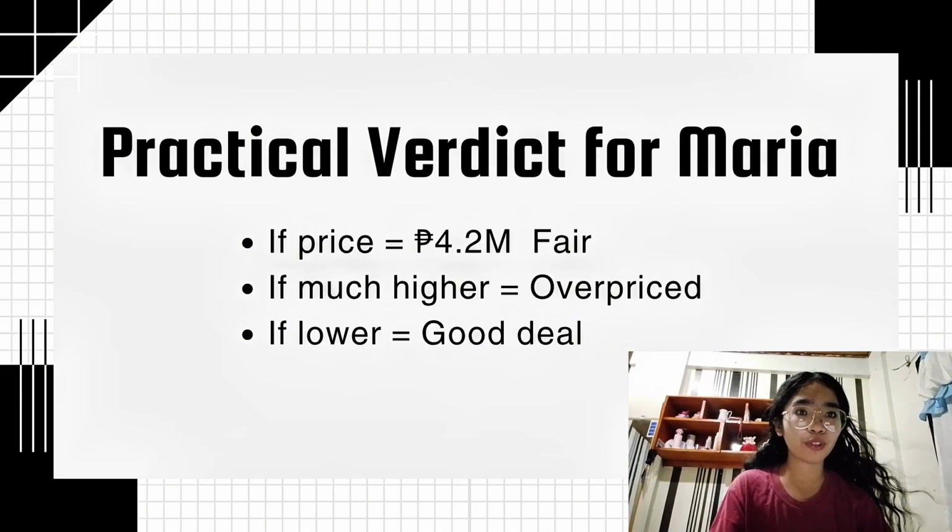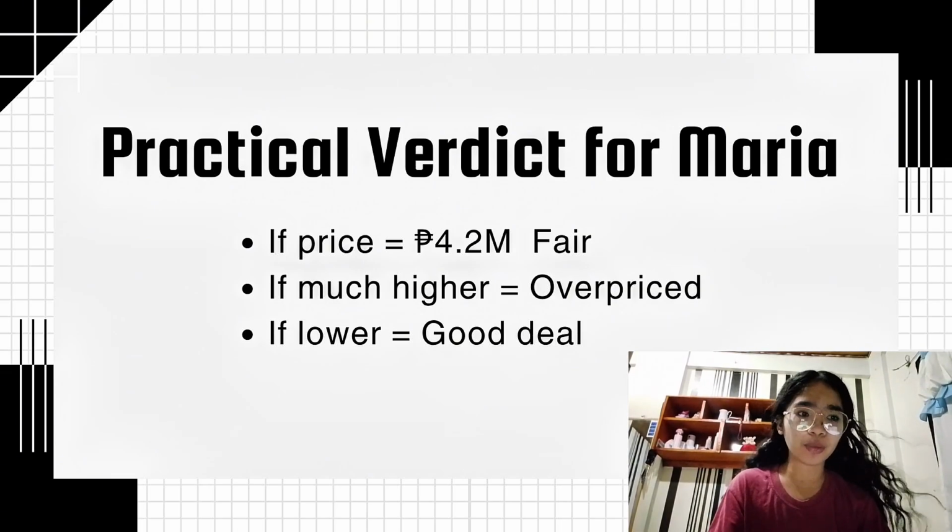For below 4.2 million, or if it's lower, this actually happens if the seller is in a hurry to move or doesn't realize the full value of their property. This would be a bargain for her.